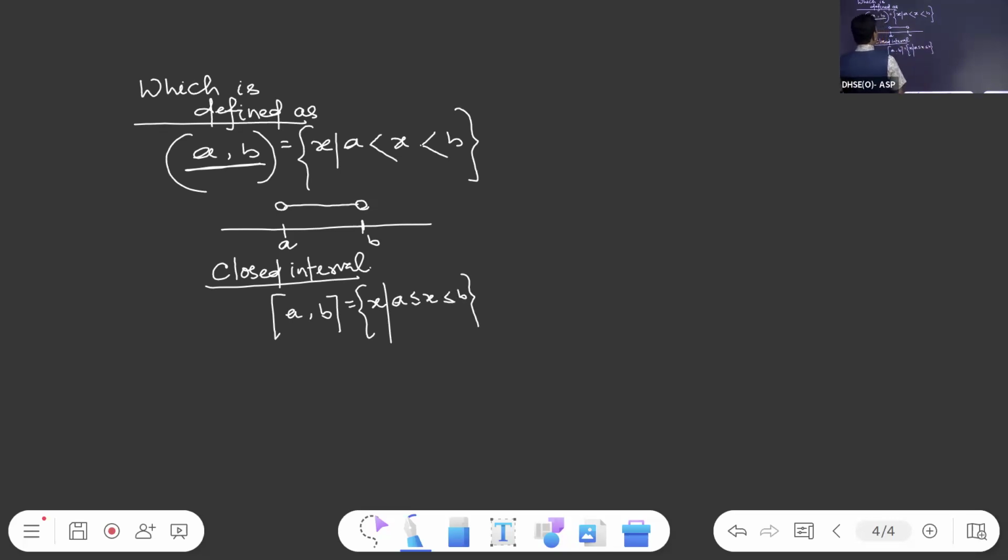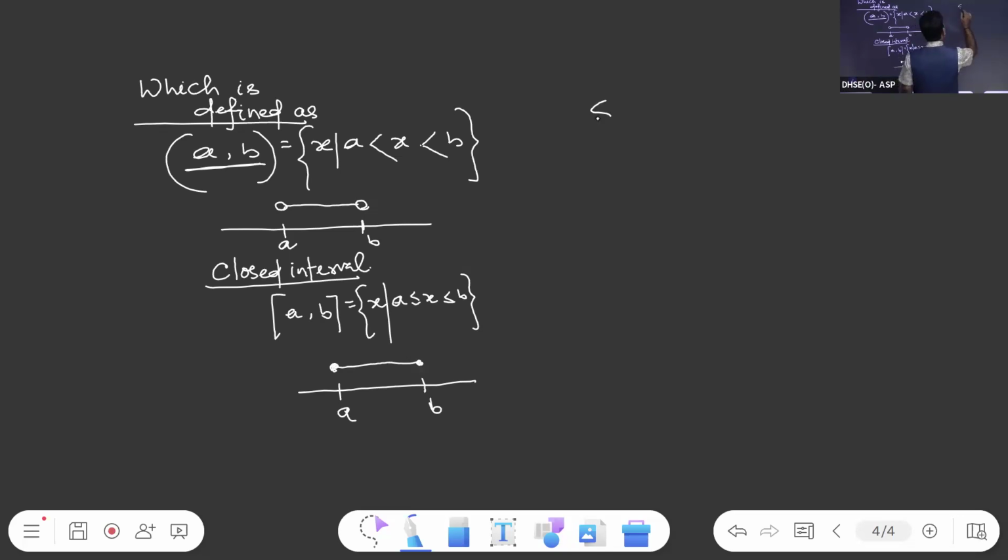All the real numbers between a and b, including a and b. So mark a, b, and put filled circles over a and b. A filled circle represents the number is included. Open circle or hollow circle represents the number is not included.